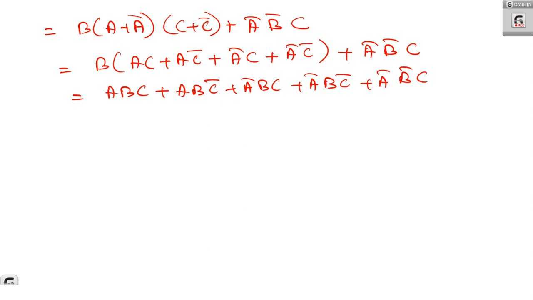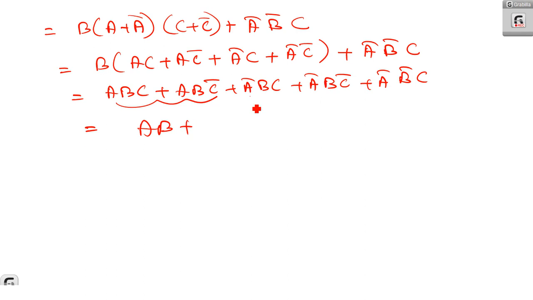Yeah. So on further simplification, what do I get? Whether anything is common? In these two terms, A bar B is common, right? And for A bar B bar, nothing is common. In these two terms, AB is common, so we will get AB.